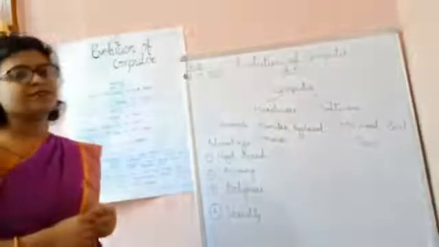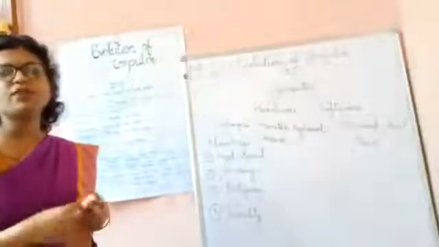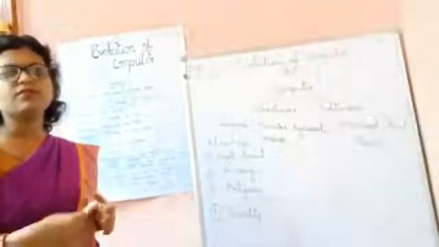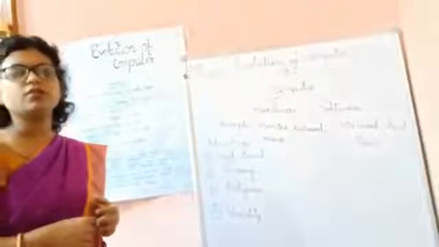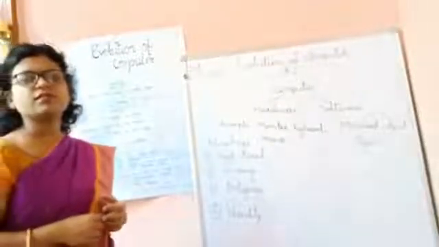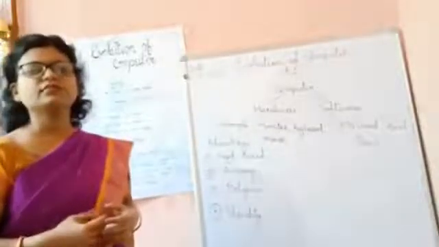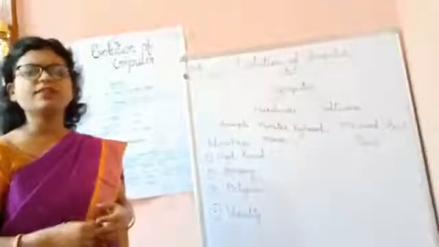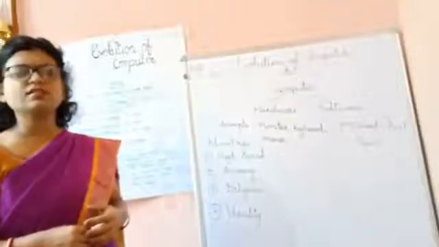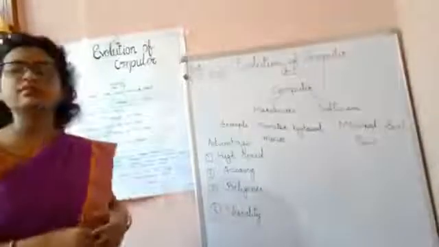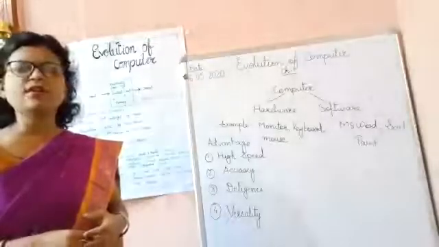Now the fifth generation of computer, what are we using nowadays? We are using robotics, which works on AI, artificial intelligence. By using this, we can make robots. It came in 1990.